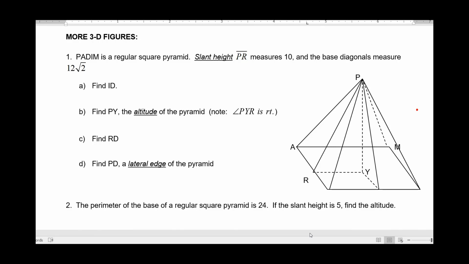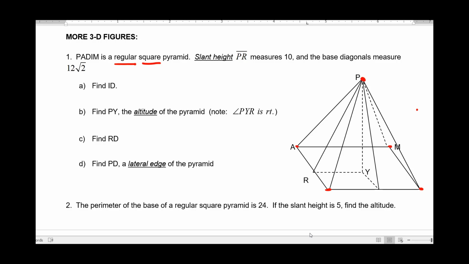Okay, so basically here we have a figure that's going to be a regular figure, which is a square, and so all the sides of the base are going to be the same, which is the case in a square. And a pyramid, of course, is where all the corners meet at a single vertex up on top.